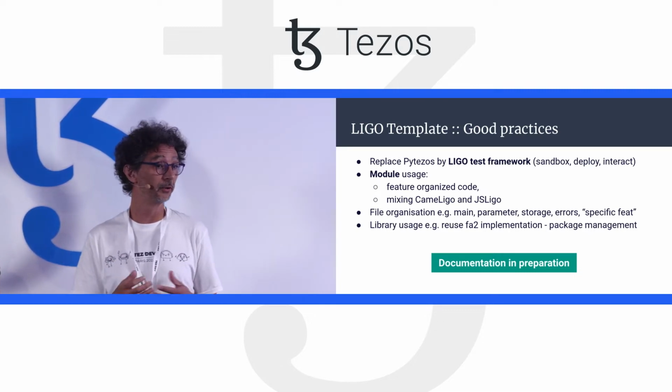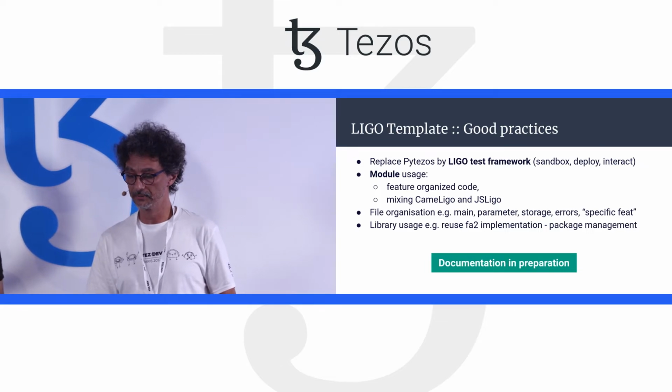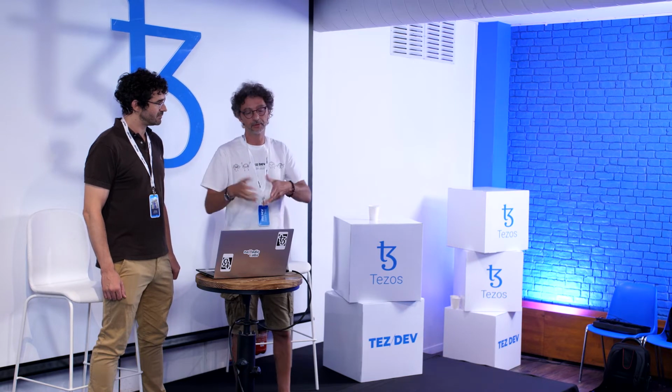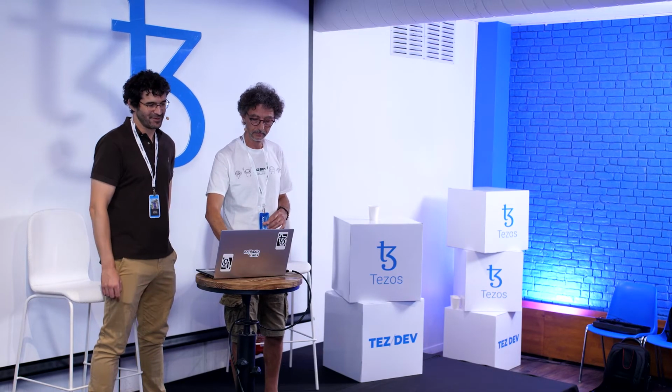This document is in preparation, so we're going to share our approach in order to let people understand how to code and organize their code, and to follow what we call best practice. If we can standardize how we implement, it will be easier for every developer to have a common view of how the code should be.